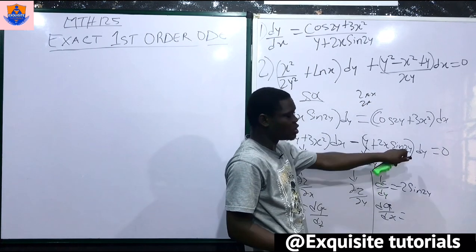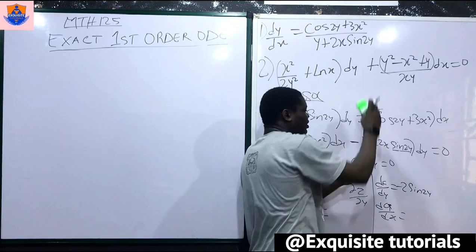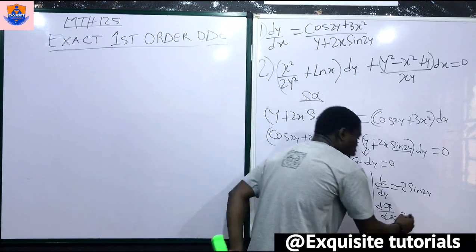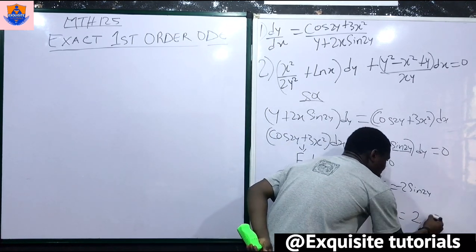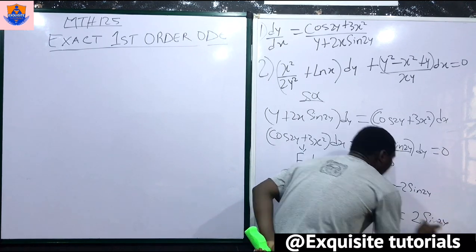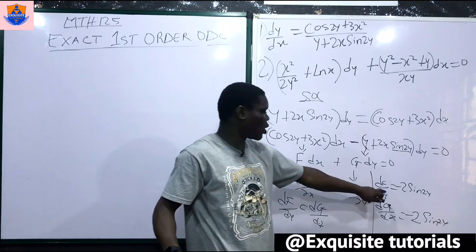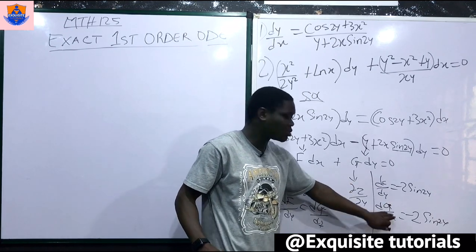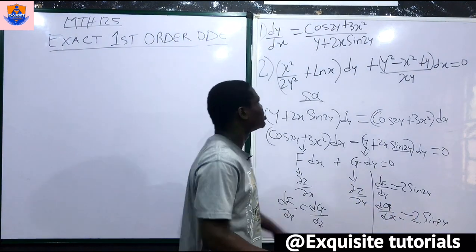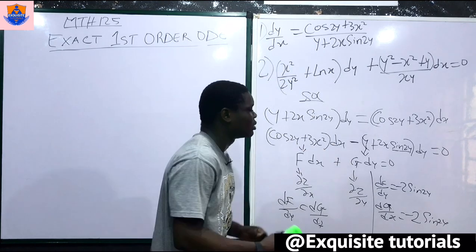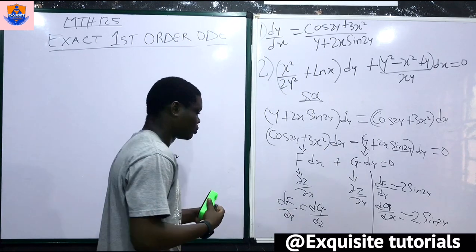What's the a? The a is sine 2y. So if I differentiate this with respect to x, I'm going to have 2 sine 2y. But don't forget that there's a minus sign here, so I'll put that minus. Now because our df over dy is the same thing as dg over dx, we say this is an exact first order differential equation.